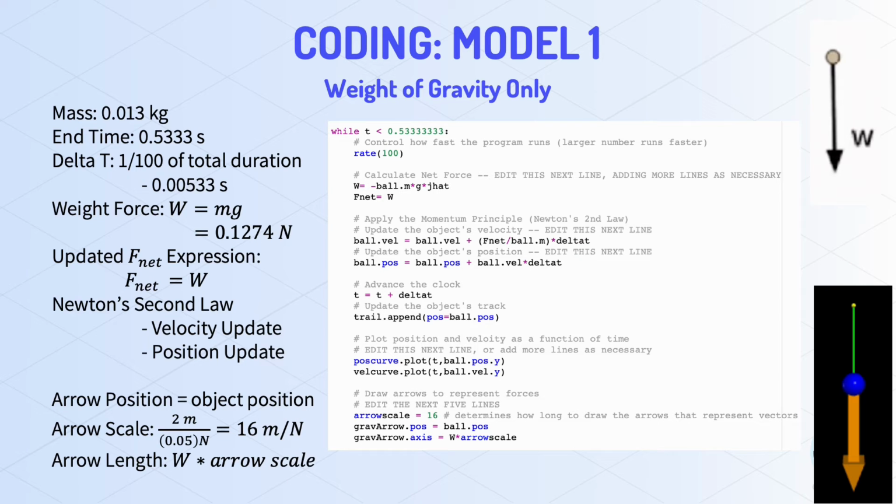For coding the model that limited the force to gravity only, I used the mass of 0.013 kilograms and the end time of 0.533 seconds. The acceleration that gravity exerts on the plate is 9.8 meters per second squared, and the other parameters are as shown.